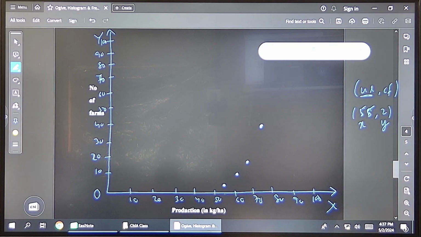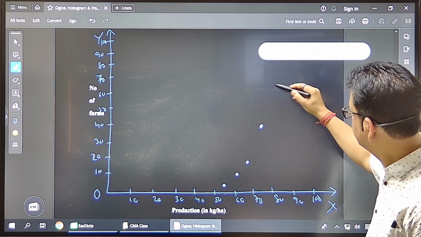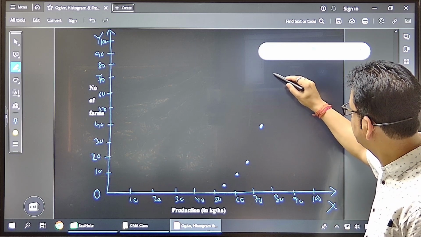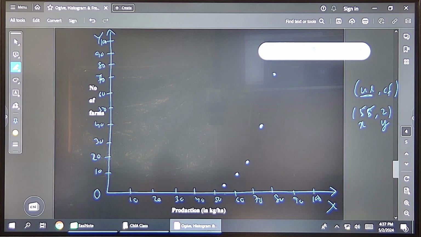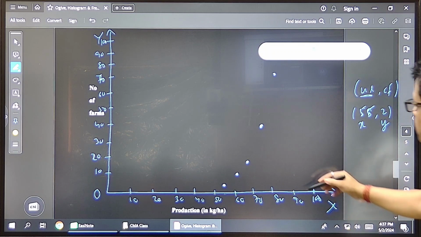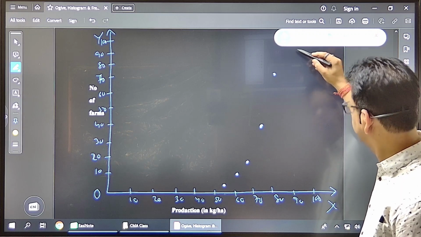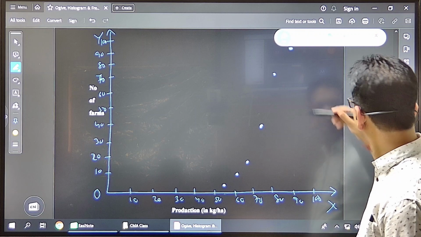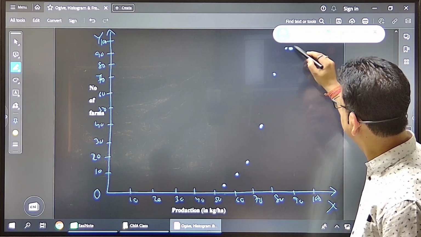At 75, this number is 84. You all know plotting, right? Yes or no? So at 75, it is 84. And then, finally, at 80, it is 100. This number is 100. It should be here.